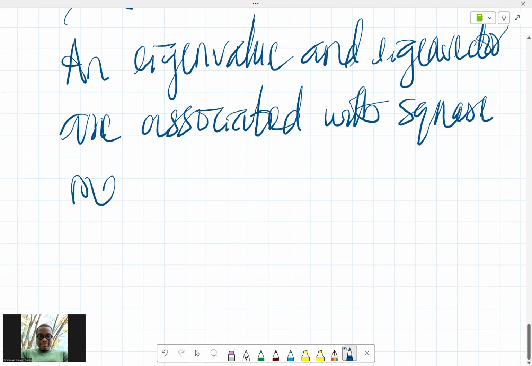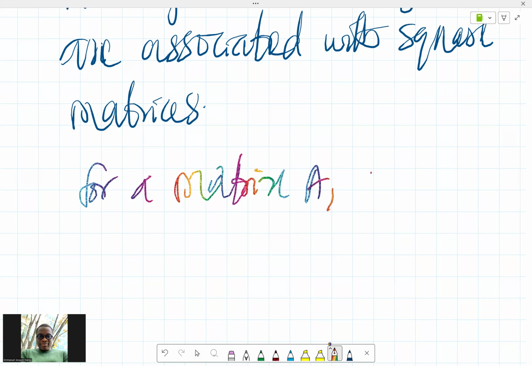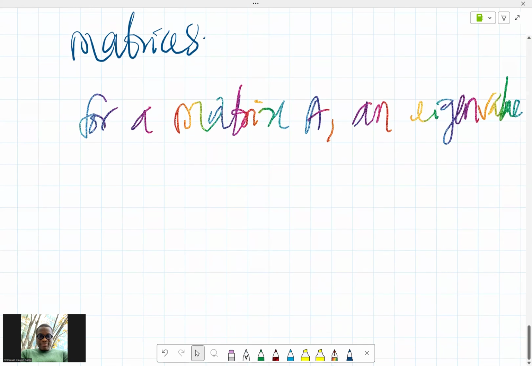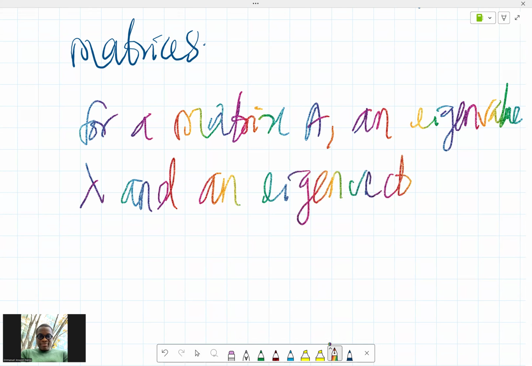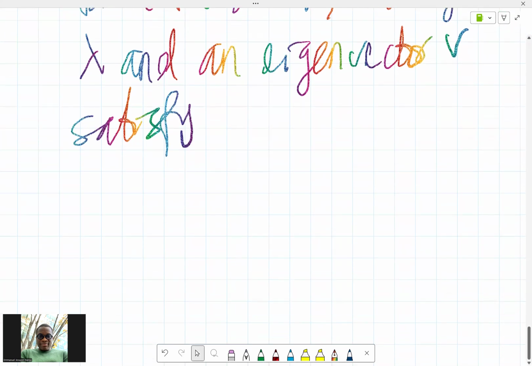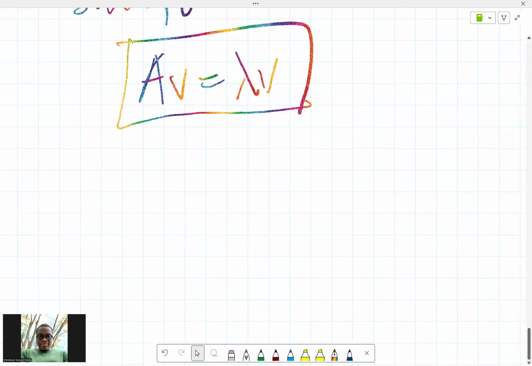For a matrix A, an eigenvalue lambda and an eigenvector V satisfy the fact that AV equals lambda V. This is always there.